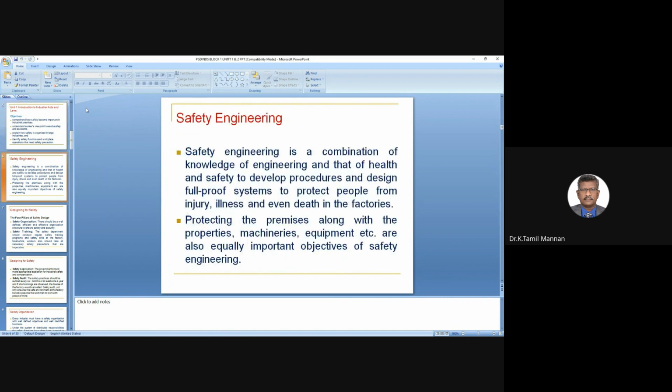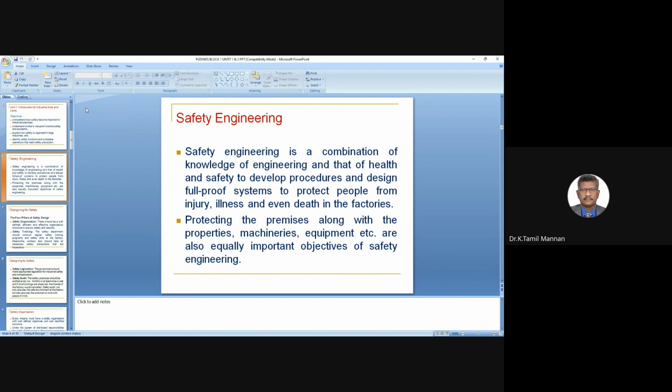So, what is safety engineering? Safety engineering is a combination of knowledge of engineering as well as health and safety to develop procedures and design foolproof systems.